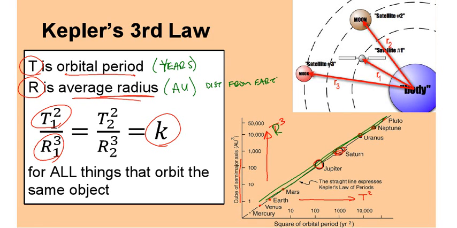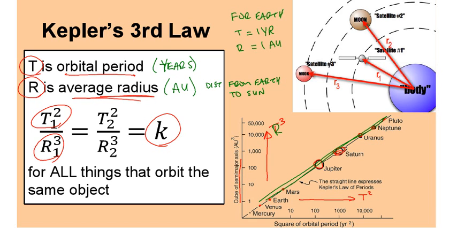Then these are really easy to work out this way, because the time for Earth, the period, would be 1 year. It takes us 1 year to go around the sun, and r would be 1 AU.